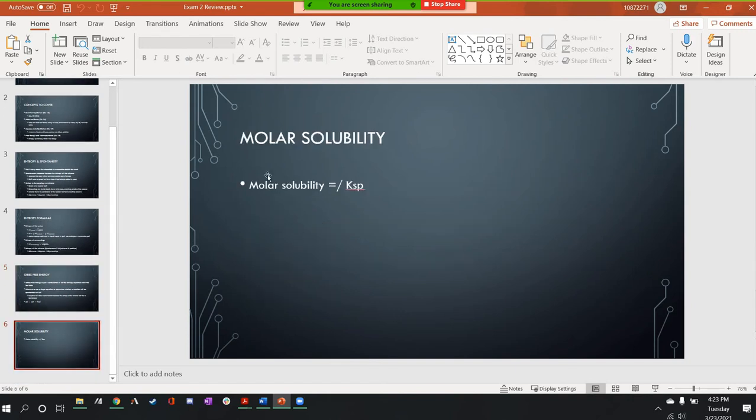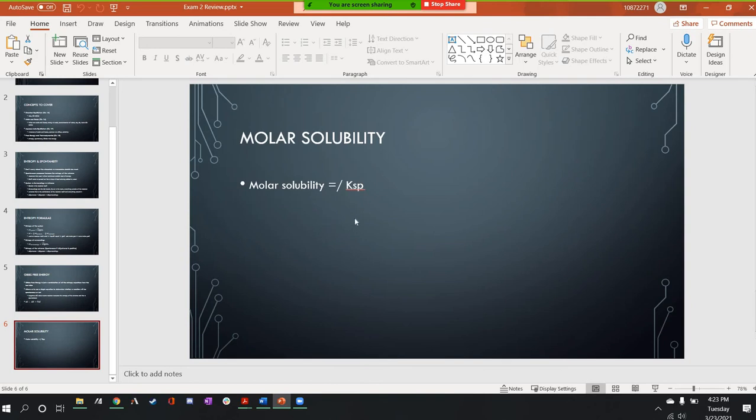All right, now it's basically the end of my slideshow before we just do some practice problems. But then I wanted to touch on one confusion point, I think, which is that in the chapter about molar solubility, aqueous ionic equilibrium and solubility constant, molar solubility is not the same thing as KSP.